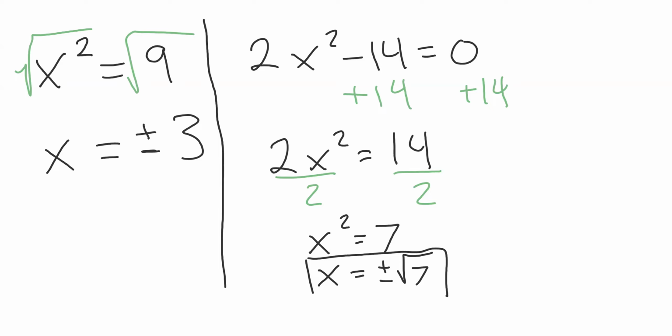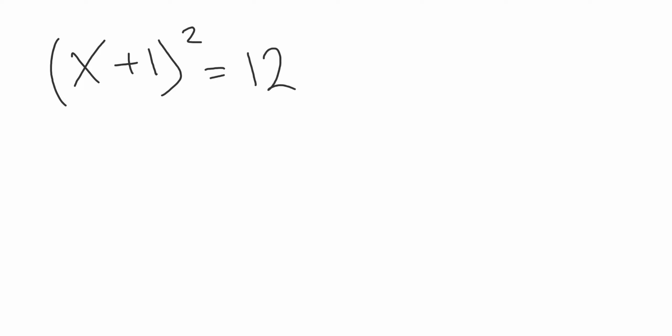Let's take a look at example 3. Example 3 is x plus 1 squared equals 12. And if you have done some solving of quadratic equations, it might be your instinct to multiply out this squared binomial.